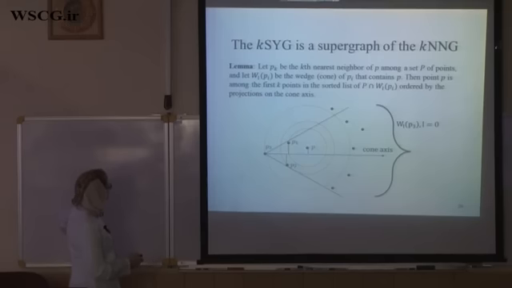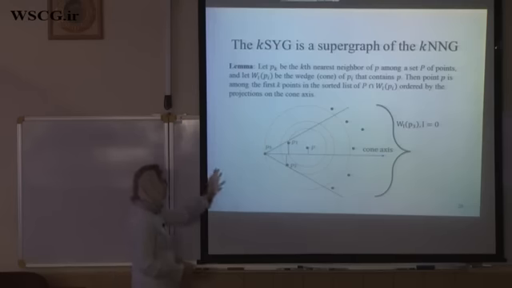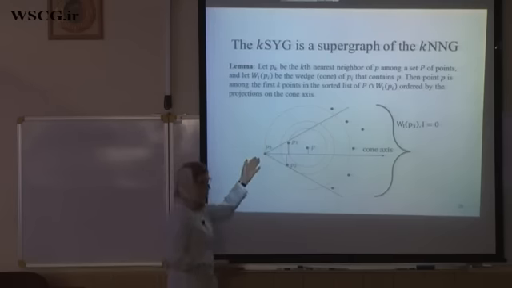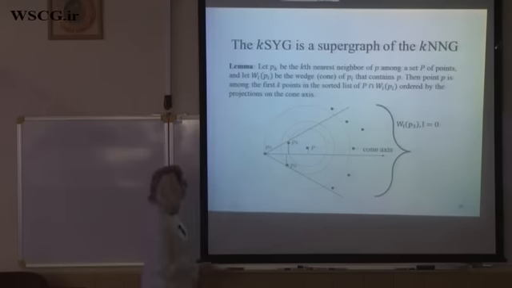It says, if you have a point P, and these pictures can be hard to understand too, because your eye wants to focus on the cone vertex. In fact, the star of the show is this point P. You see we're putting circles around P to indicate its closest neighbor. So this disk is empty. What's the second closest neighbor?